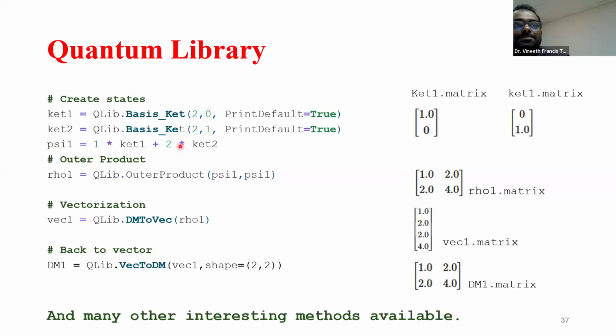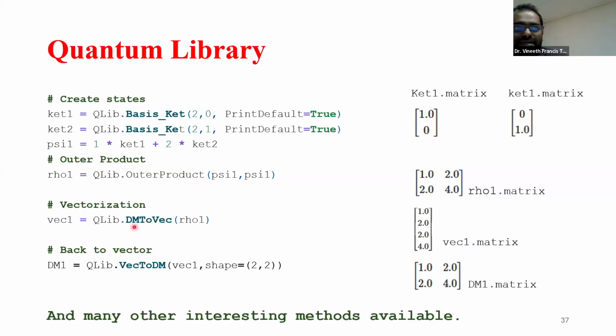So you create the basis of a system, and you can create some wave functions as you want. I forgot to mention, actually, this quantum library and quantum object modules are inspired by a software called QuTiP. So this is an inspiration of this package. And in quantum library, I have defined the outer product.